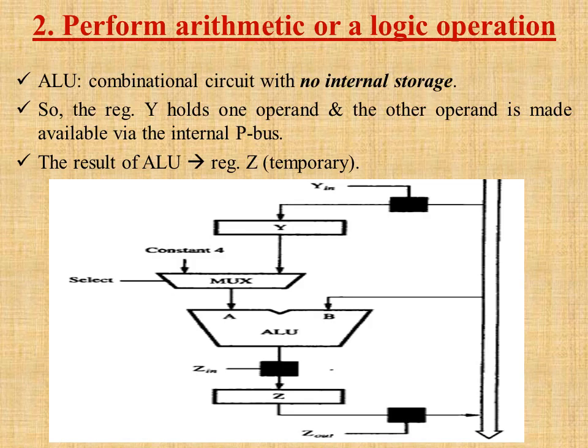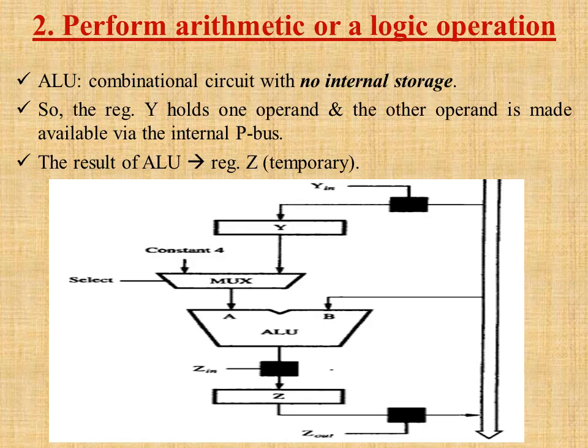So the storage of the operand and the storage of the result is done outside the ALU. The register Y holds one of the operands, and the other operand is made available via the internal processor bus at the point B.